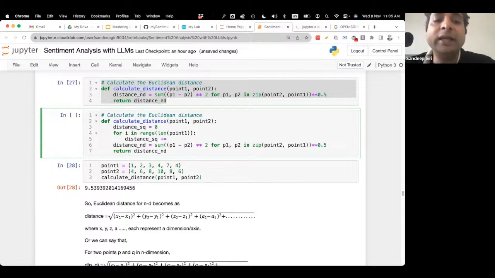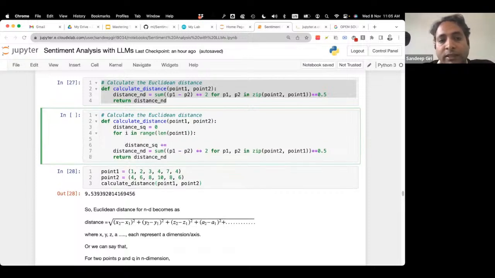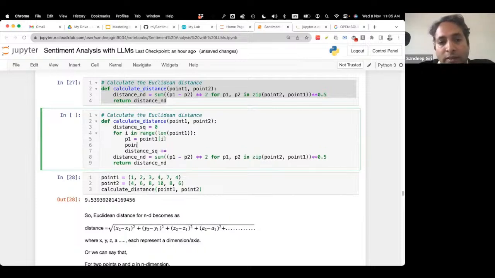So I'm adding to this one the value of p1 at i, and p2, the value for p2, iterating over all the axes 0, 1, 2, 3, like that.